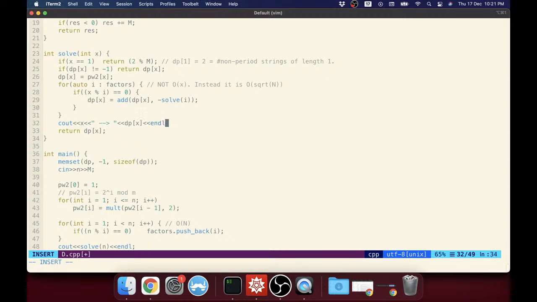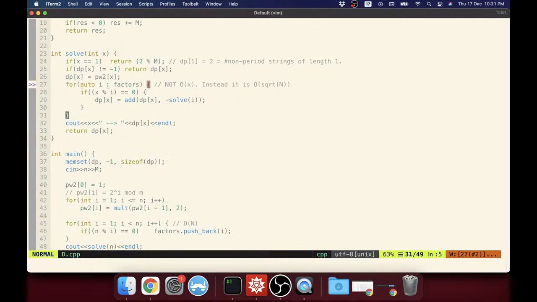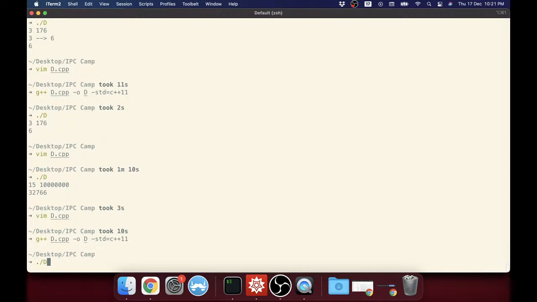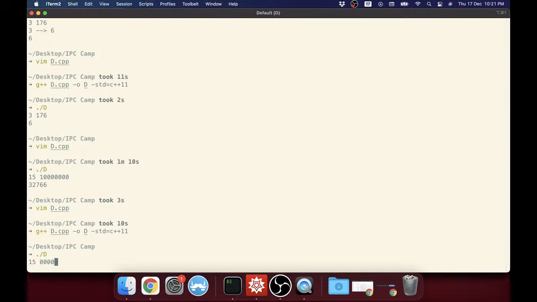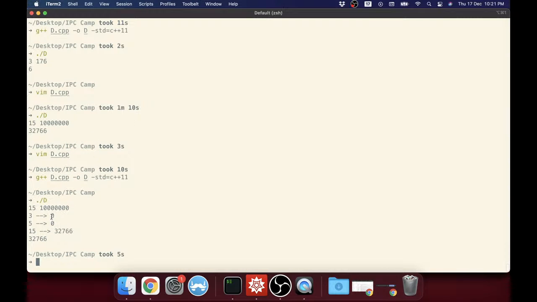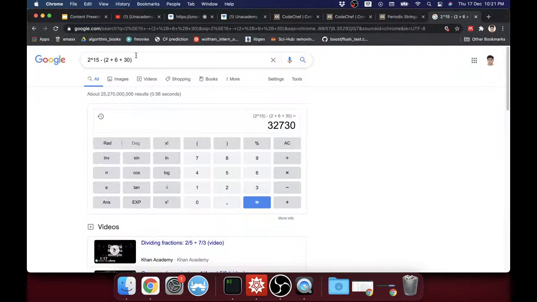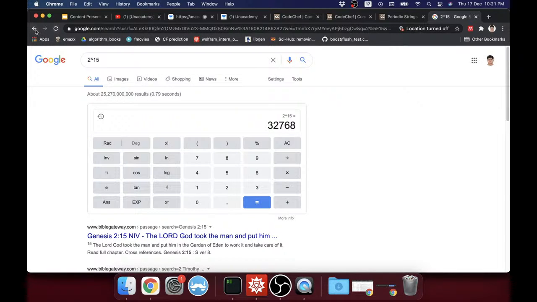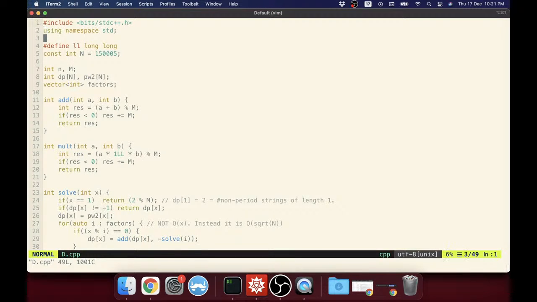What did the different values of DP say? Okay, so 3 comes out to be 0 and 5 comes out to be 0. That's super weird. Yeah, okay, let's see.